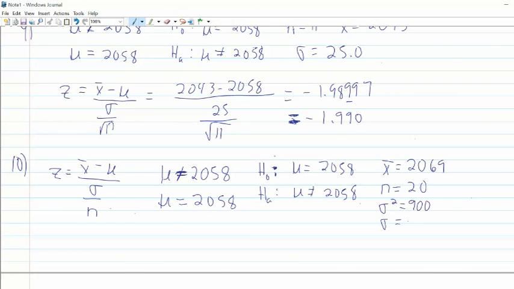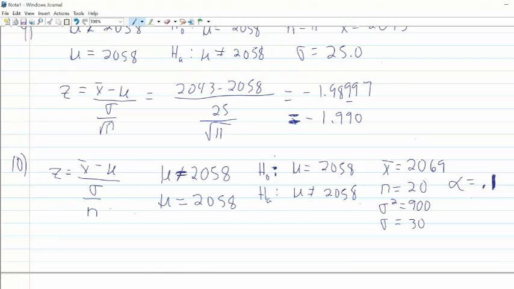Take the square root of that and you get 30. How do I know that? 30 times 30 is 900, so the square root of 900 is 30. And the significance level is 0.1.